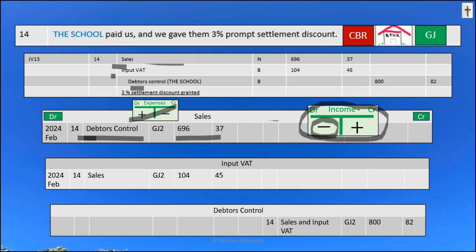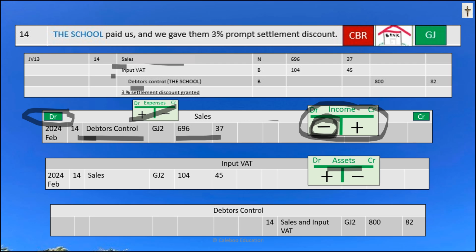What I'm doing here is I'm straight away debiting sales, which makes the sale smaller by 3%, the discount that was given. So sales is debited, decrease in income. The rule says decrease in income, debit the account.